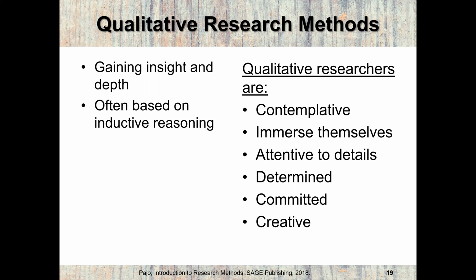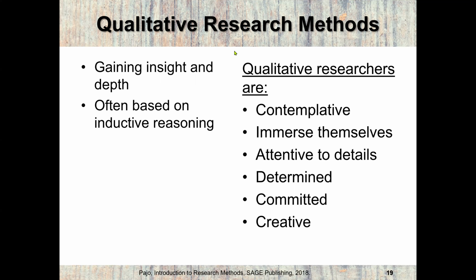And often qualitative research is based on inductive reasoning. An example here can be contemplative, and also it can immerse themselves, attentive to details, determined, committed, and also creative. Qualitative may ask a question, for example, how does a worldly phenomenon work? It's kind of like an open question.